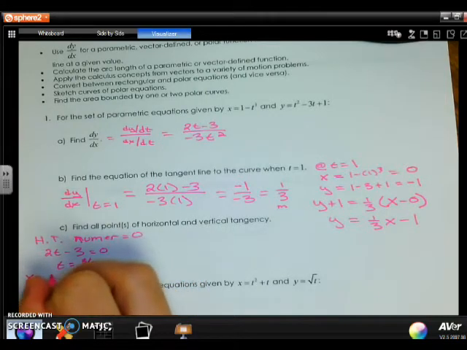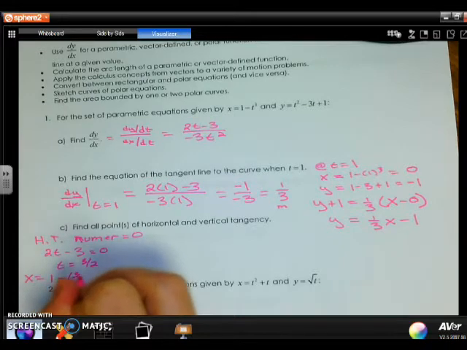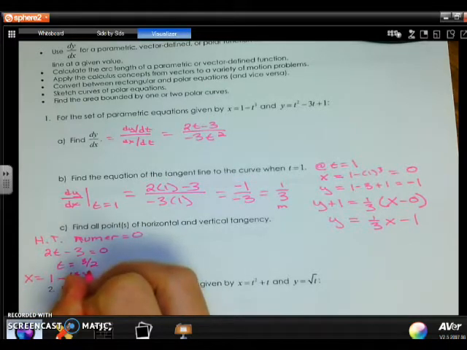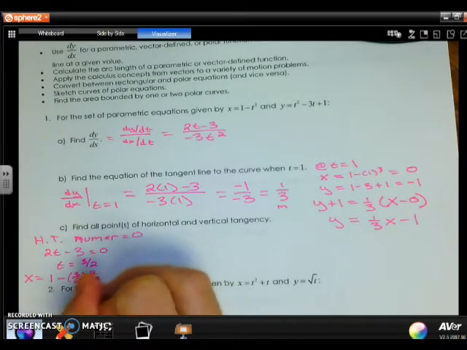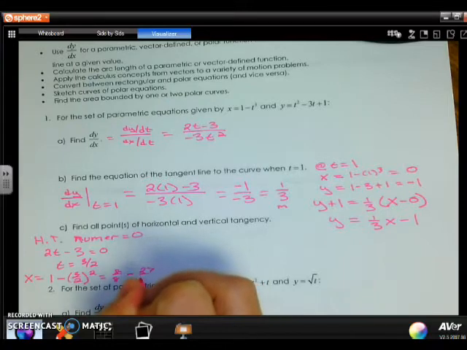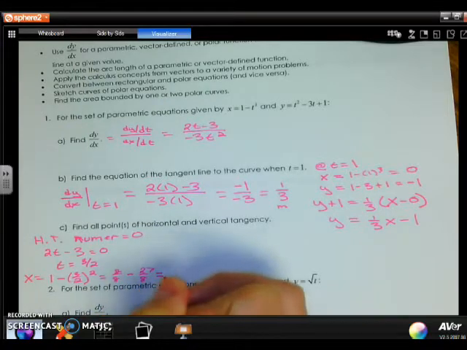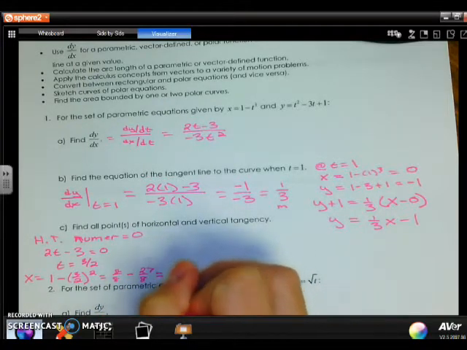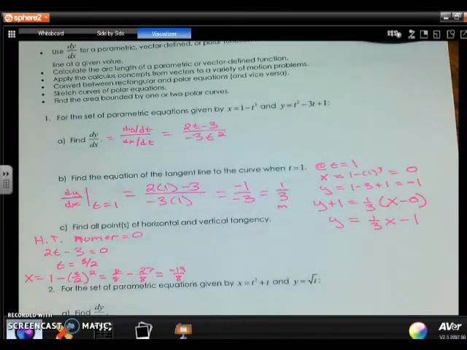So that's 1 minus 3/2 cubed. I'll turn it into eighths: 8/8 minus 27/8. Ooh, this one is not nice. So I have negative 19/8 as my x coordinate.